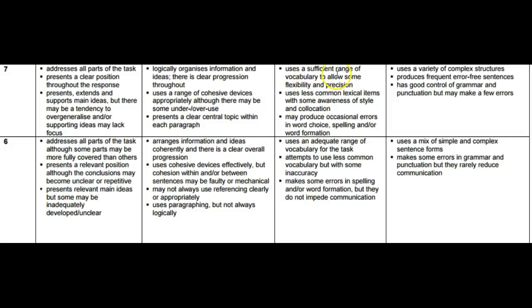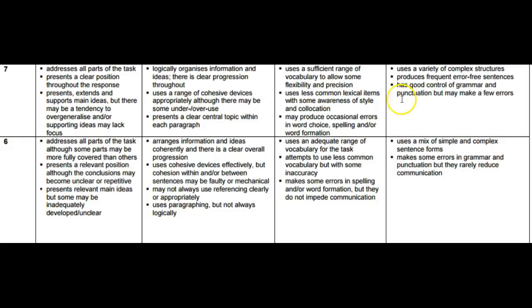Were the words you used adequate or sufficient? Were they just about okay, or were they good enough? That's what we need to focus on. Then we have less common lexical terms with some style and collocation. You may still have occasional errors, but they must not be more than occasional.